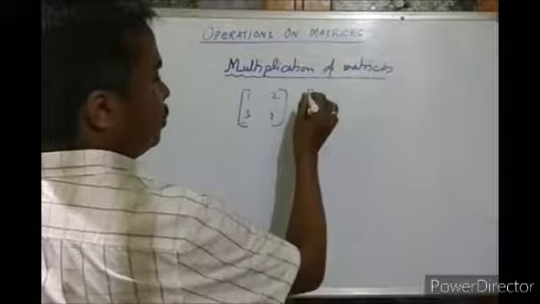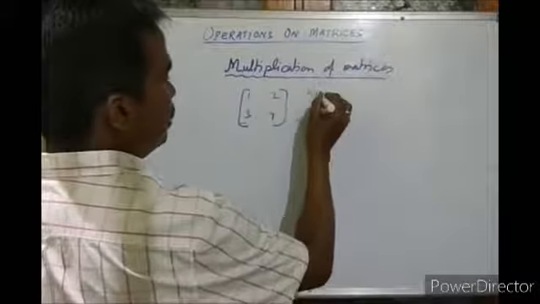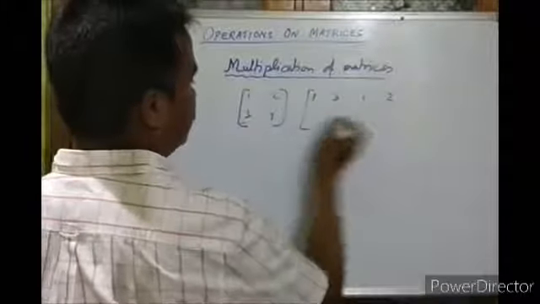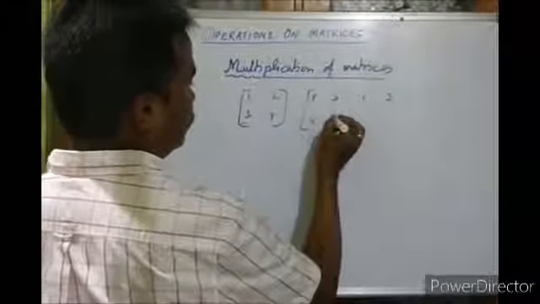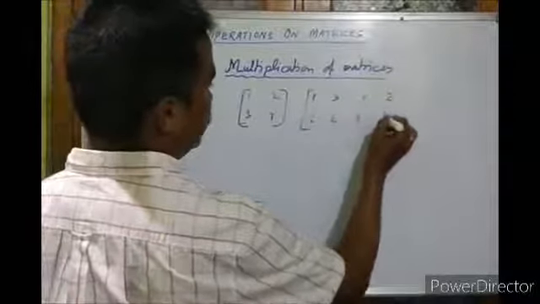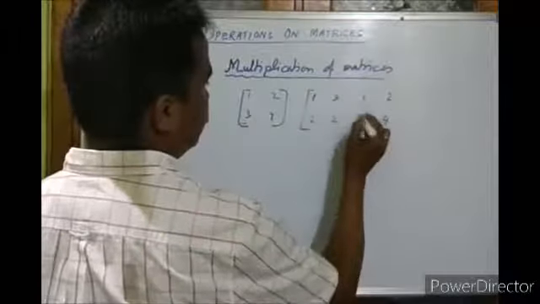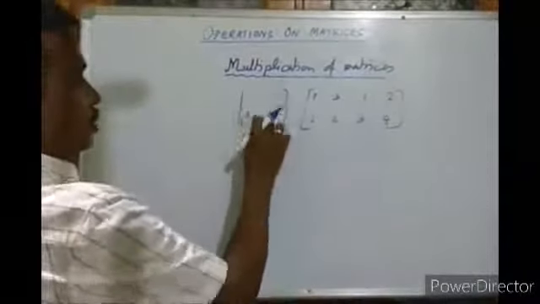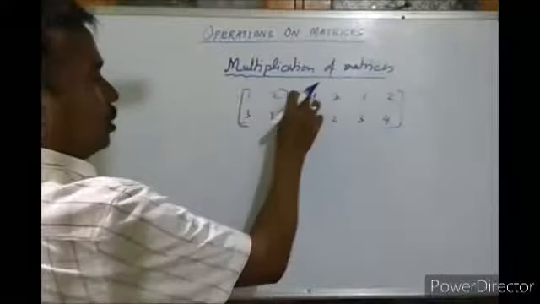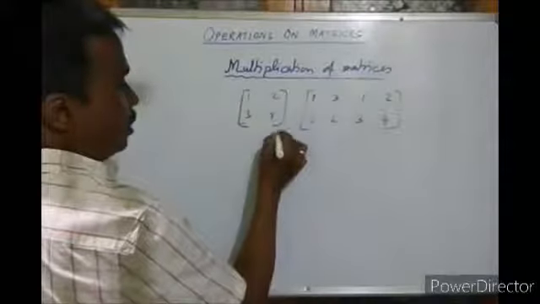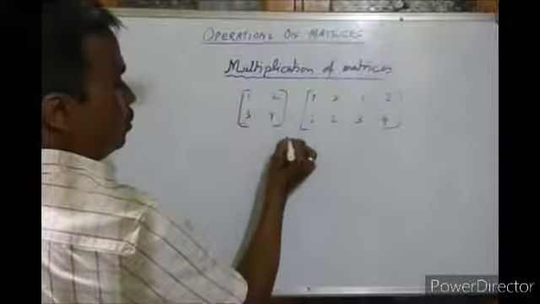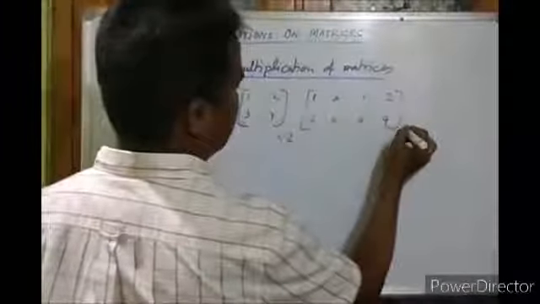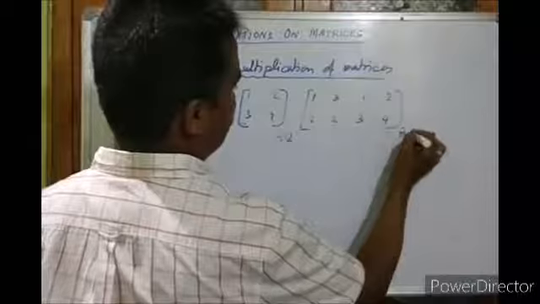The number of columns of A must be equal to the number of rows of B. Let B be 1, 3, 1, 2, 2, 2, 3, 4. So A is a 2 by 2 matrix, and B is a 2 by 4 matrix.